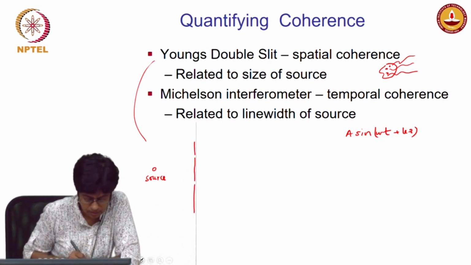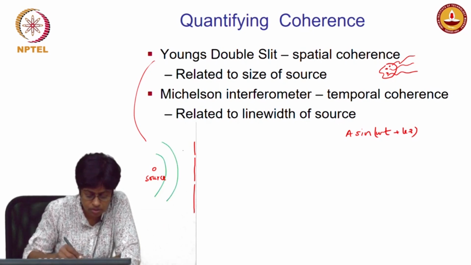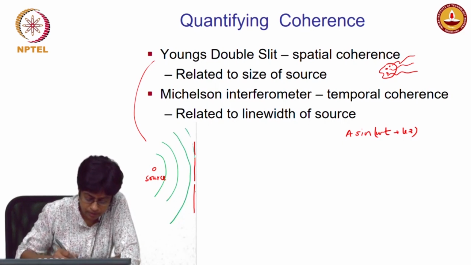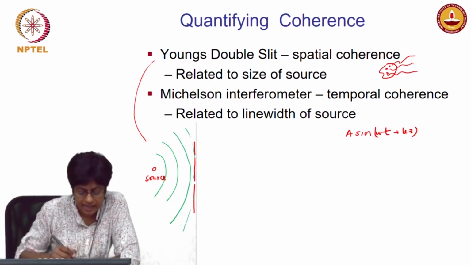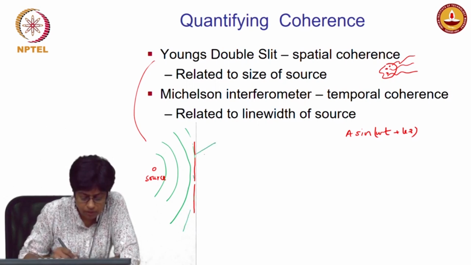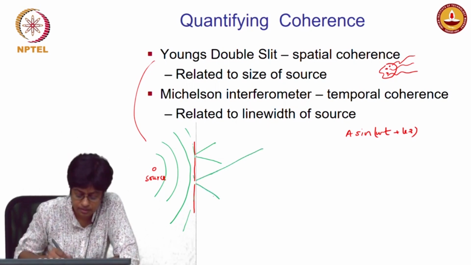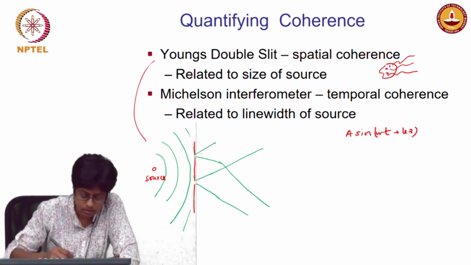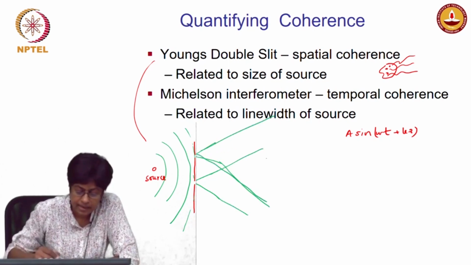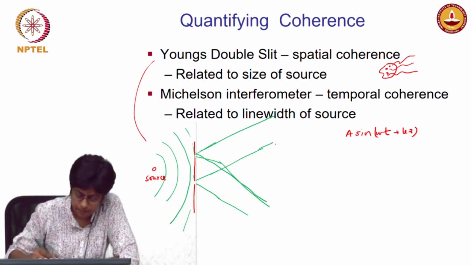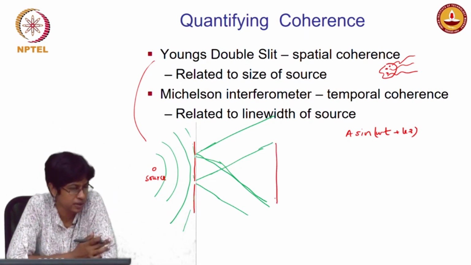Okay. So, now let us say light is being emitted by this source, so you have the wavefront over here now, right? And from one wavefront you have light coming from this point of the wavefront and from this point of the wavefront, and then this travels in a straight line, and in this region there is an overlap between these two wavefronts.